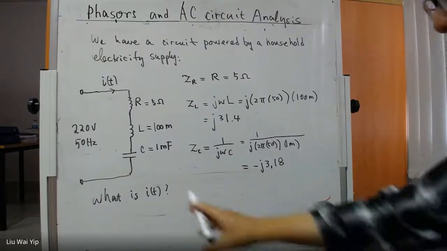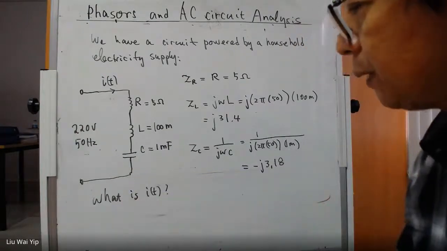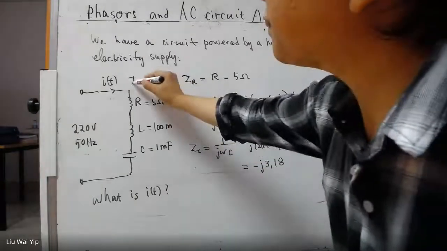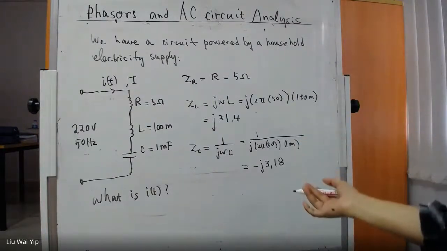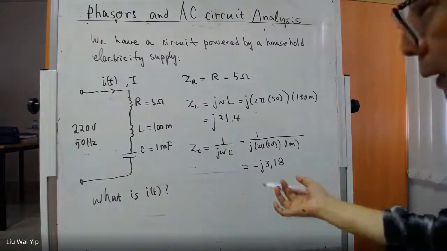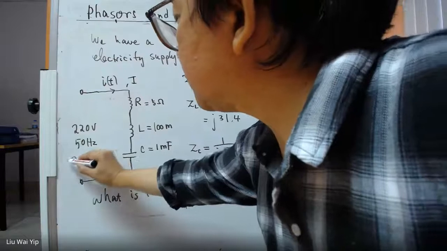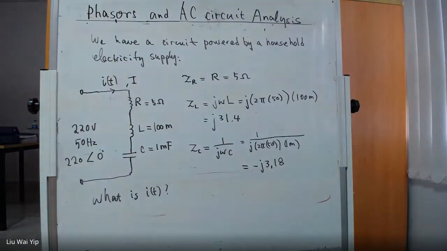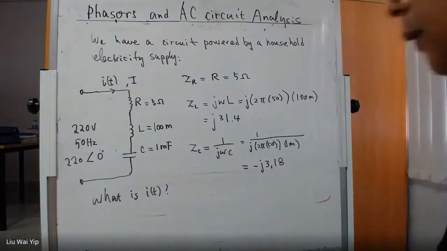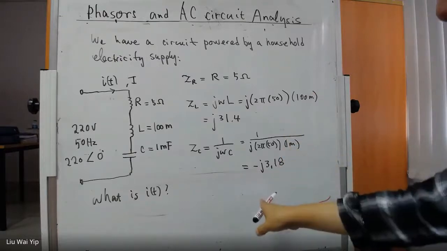And instead of beginning the problem with I of t, you have to use I, which stands for the complex value of the current. The voltage is going to be 220 at 0 degree. So this is the voltage of the source. And we are going to get the current.